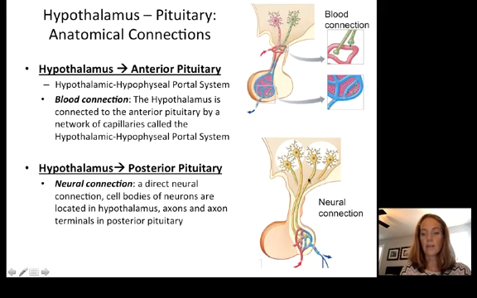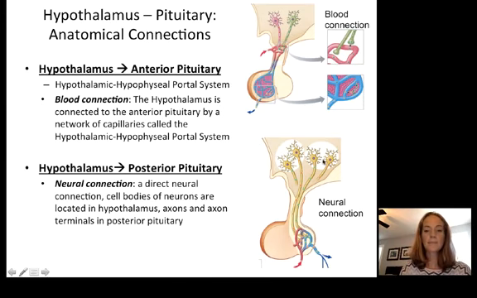Here are these green and red dots for different hormones, and their axons are going to carry those hormones to their axon terminals where the hormones will be released into the blood leaving the posterior pituitary. So the posterior pituitary is going to store these hormones until it gets signals from above to release them into the blood.